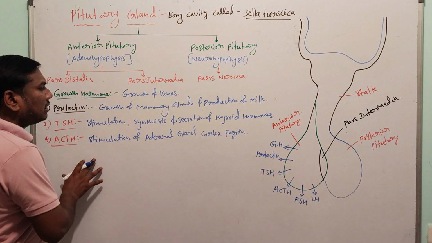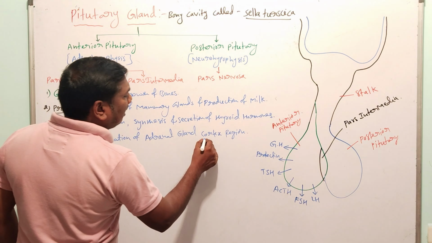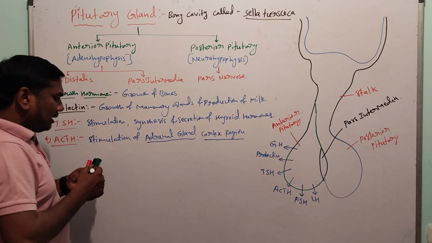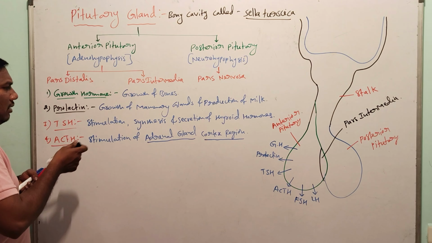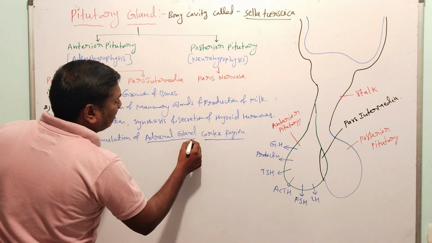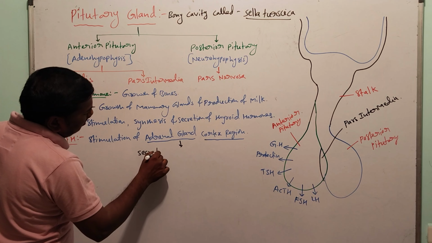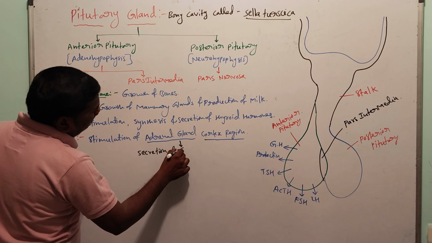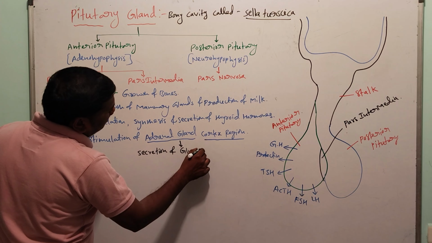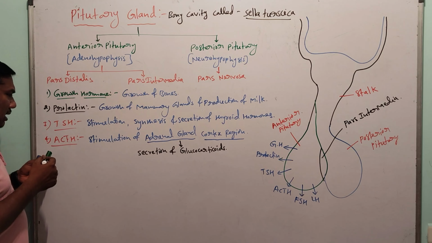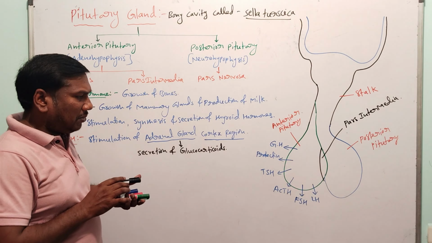So this ACTH hormone stimulates only the adrenal gland cortex region. It helps in the secretion of glucocorticoids.